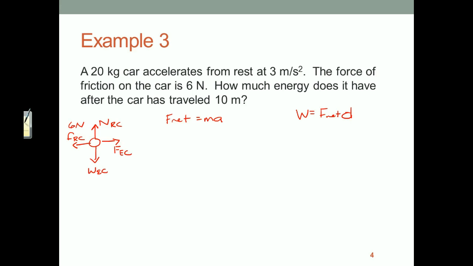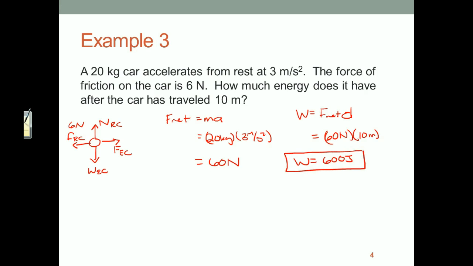So F net times d. The mass is 20 kilograms. The acceleration is 3 meters per second squared. So that's 60 newtons. The net force is 60 newtons. D, I'm told, is 10 meters. So the work is 600 joules.